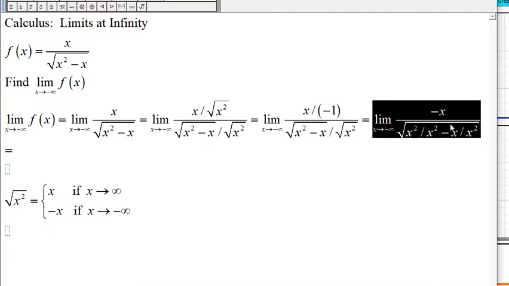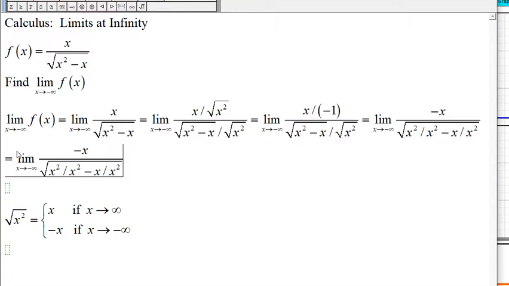And so this is going to be like this. That should be x, and then that should be -1. And then x squared dividing by x squared is 1.